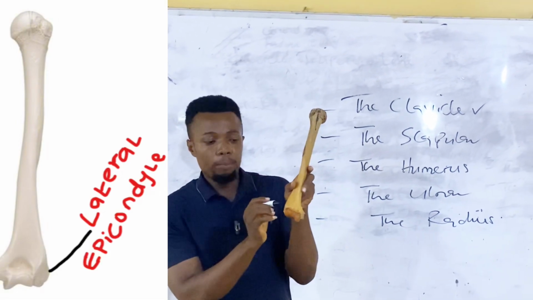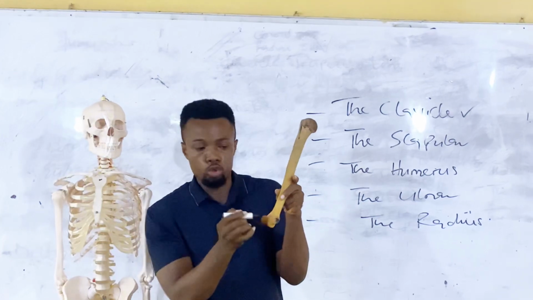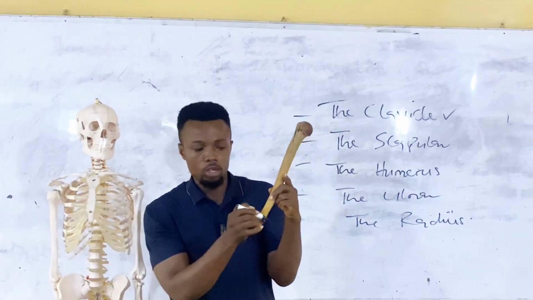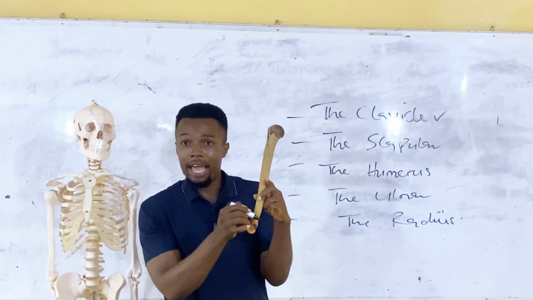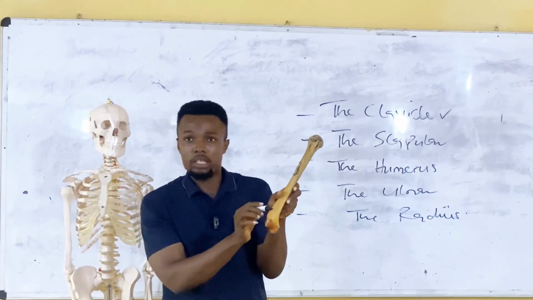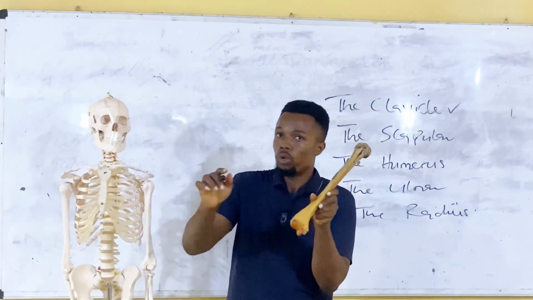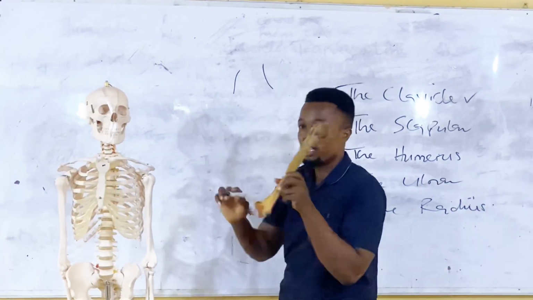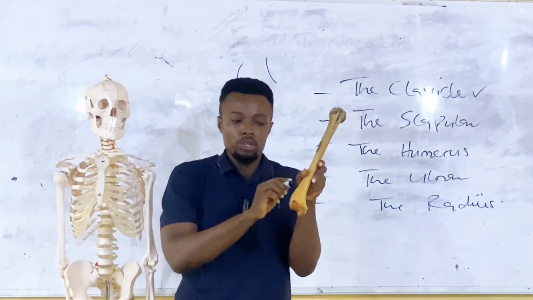Then above these two protrusions, you see a slope-like passage, something that looks like this, and the other one looks like this. It looks like a slope.